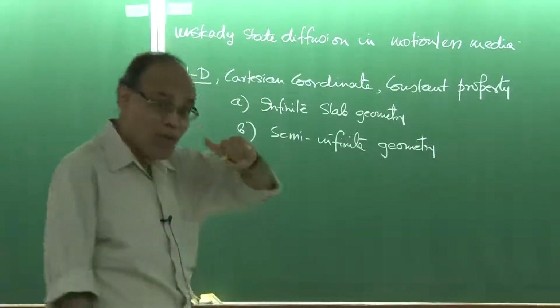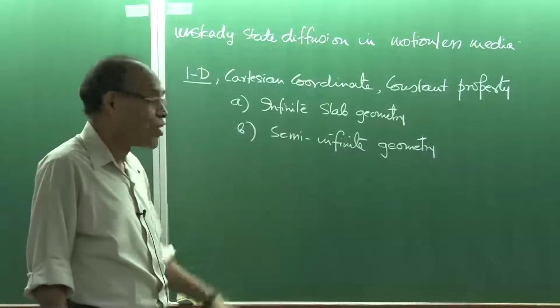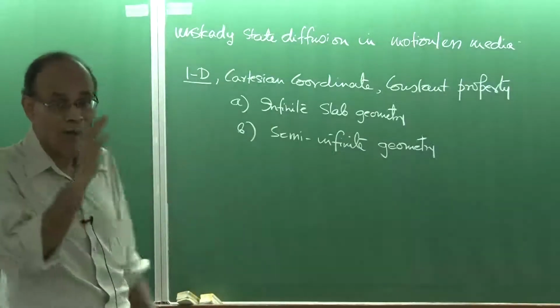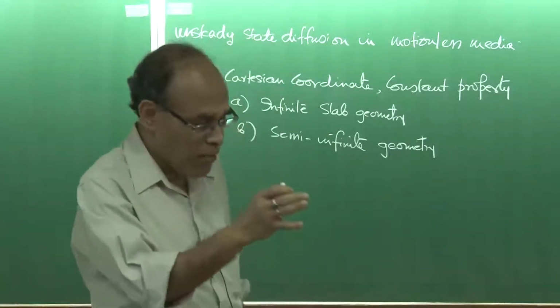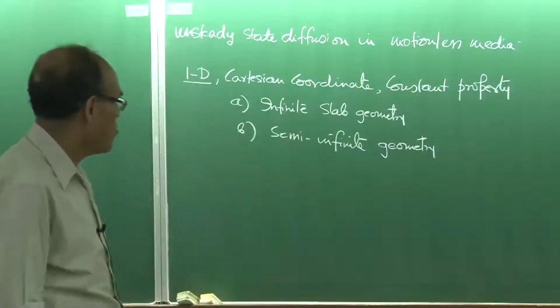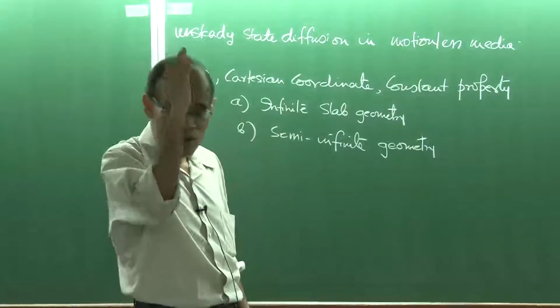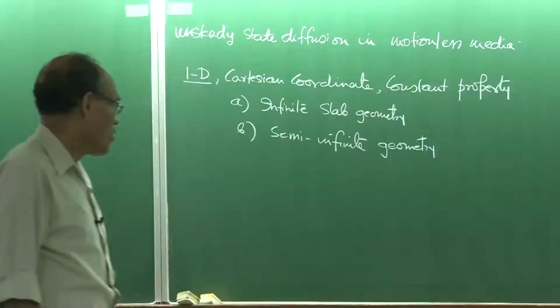If the boundary condition is changed, the solutions that I have given in the context of heat transfer will not be applicable. So the infinite series solution as well as the error function solutions are for one-dimensional transient diffusion phenomena with specified concentration or specified temperature, which are equivalent scenarios.